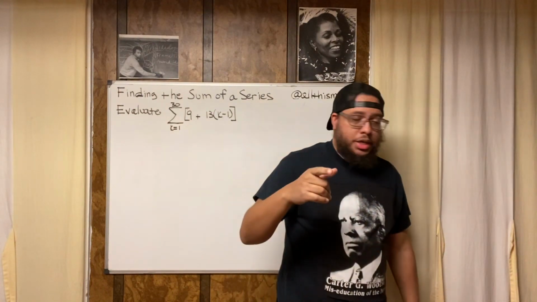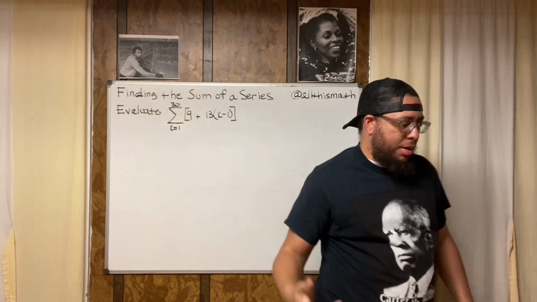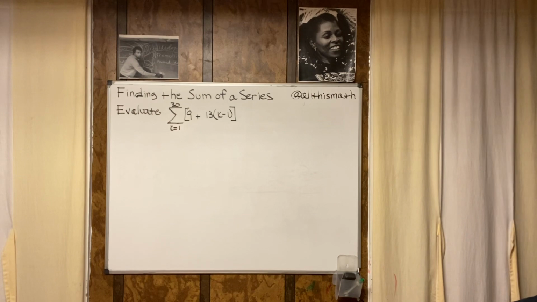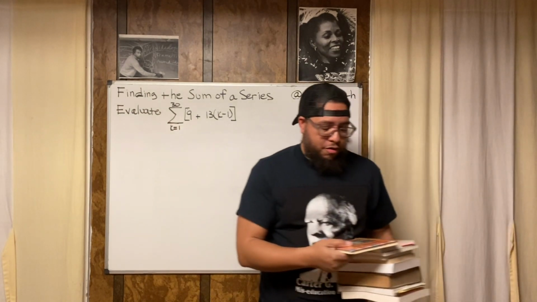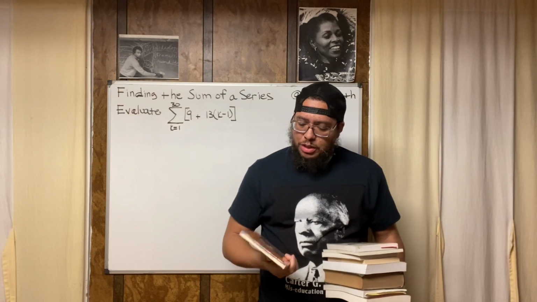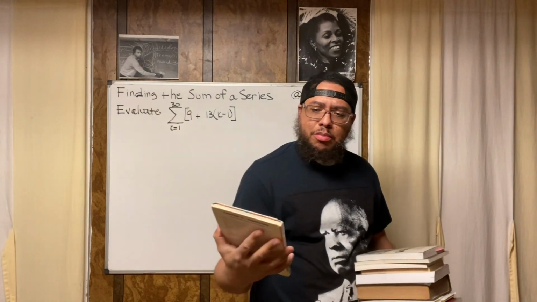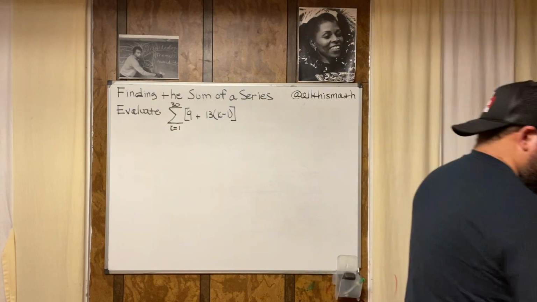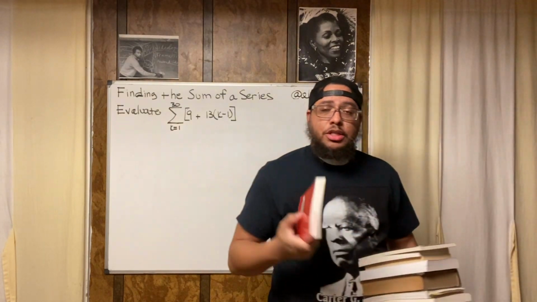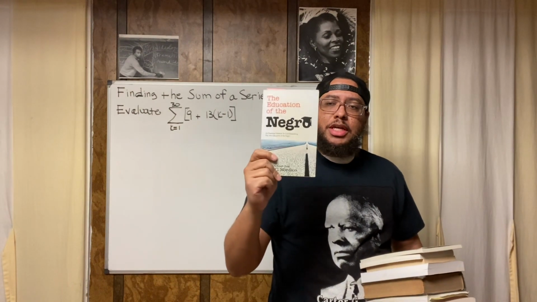But what I wanted to do is I pulled some of my Carter G. Woodson collection from my library out. And I got a few joints. This is a Carter G. Woodson, father of African American history. This is a joint for like the youth. This is a good joint right here. Found this at a library, or maybe I bought it from a library or something. This is one of his. Actually, I believe he wrote this before he wrote The Miseducation of the Negro.